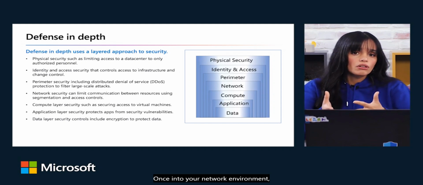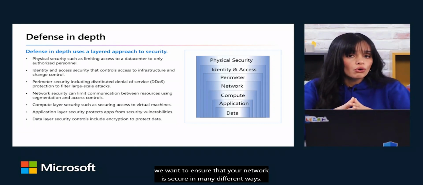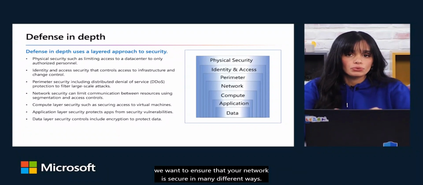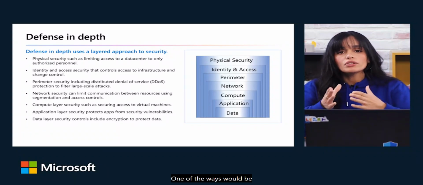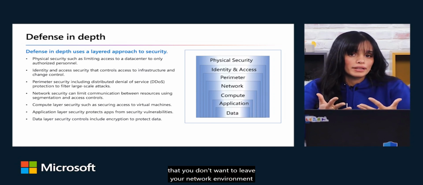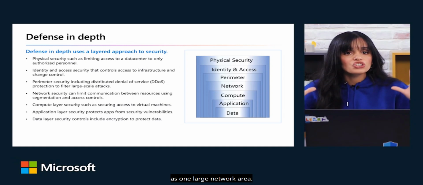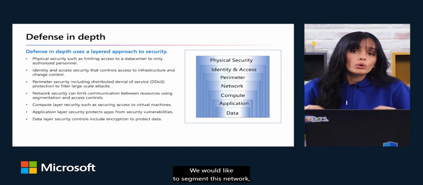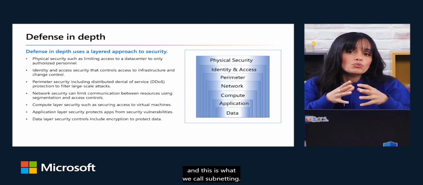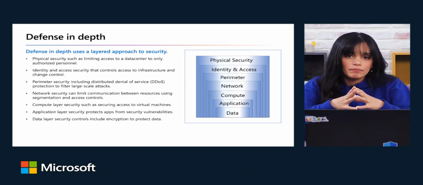Once into your network environment, we want to ensure that your network is secure in many different ways. One of the ways would be that you don't want to leave your network environment as one large network area. We would like to segment this network, and this is what we call subnetting.